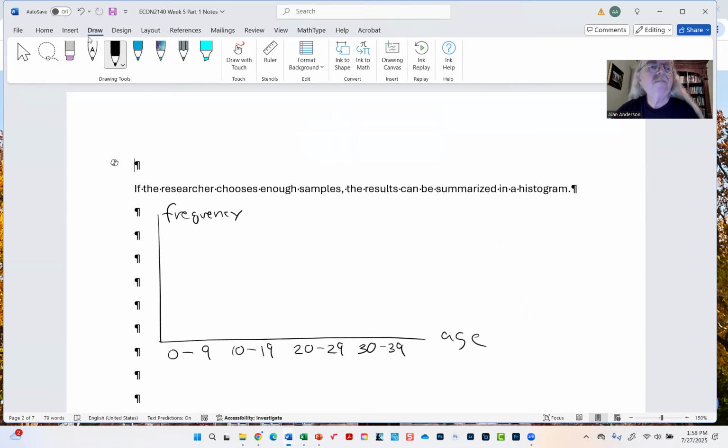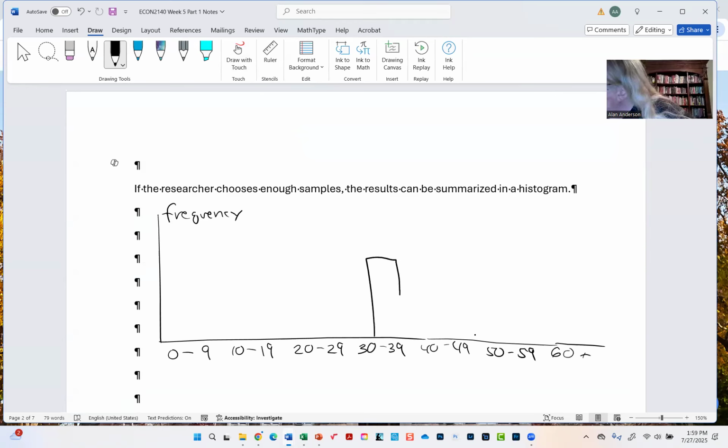All right. Let's just add a few more categories here. And then at the end, I guess we'll call it 60 plus or something like that. And so let's just say that this is what we end up with.